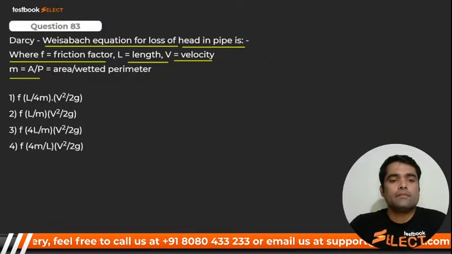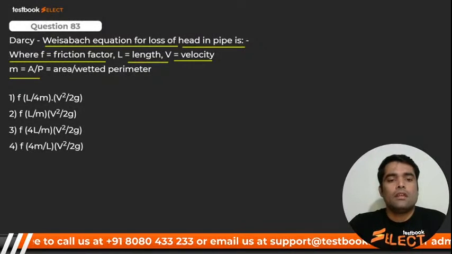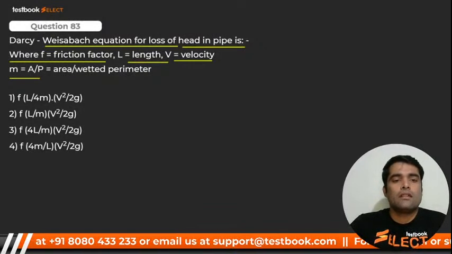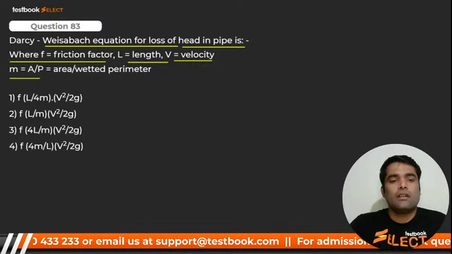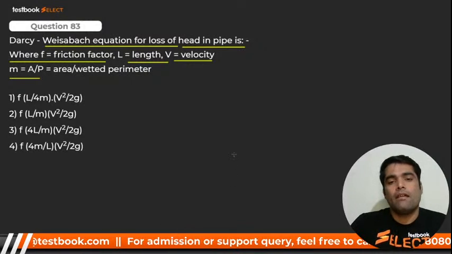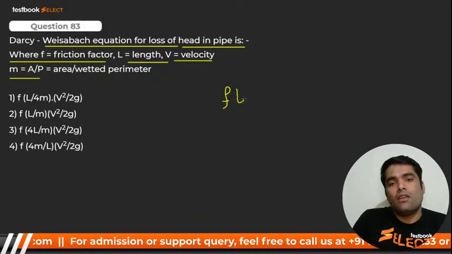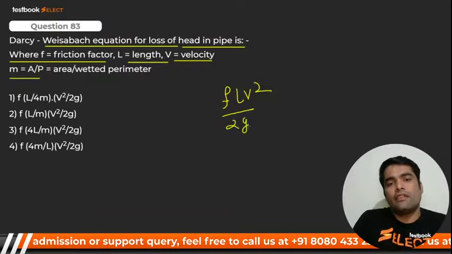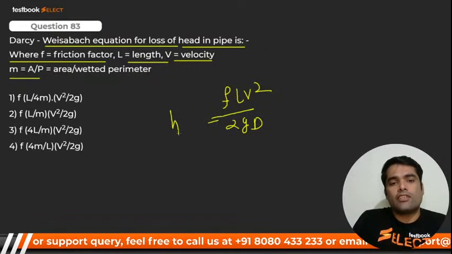Yes, please tell me. Guys, be fast. It is F L V square upon twice G D, right? That is what HF is.